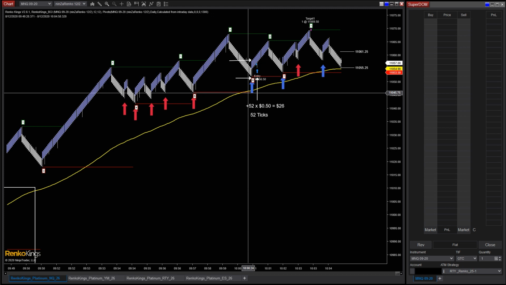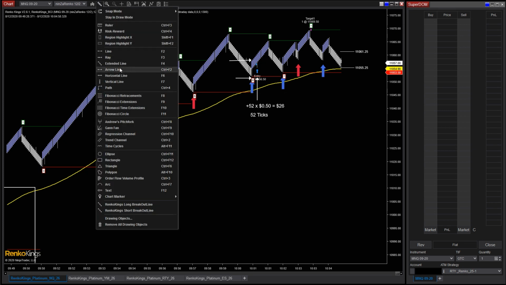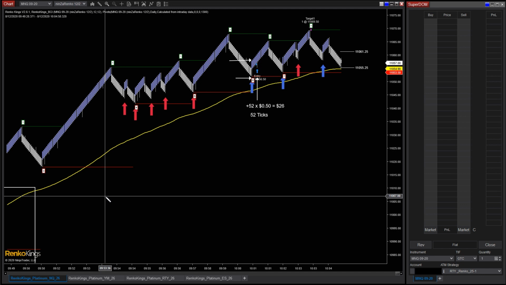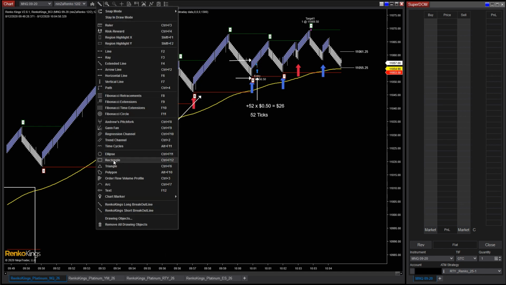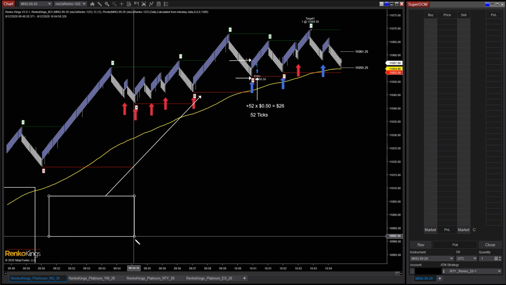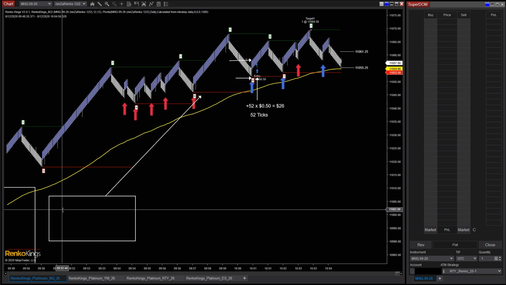Send in your charts, mark up your trades. You know, put arrows and put boxes and fill the boxes.